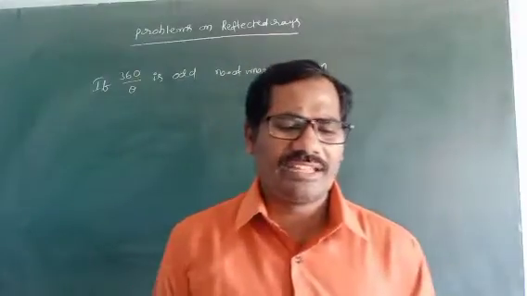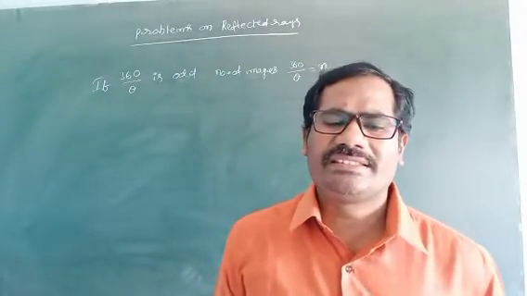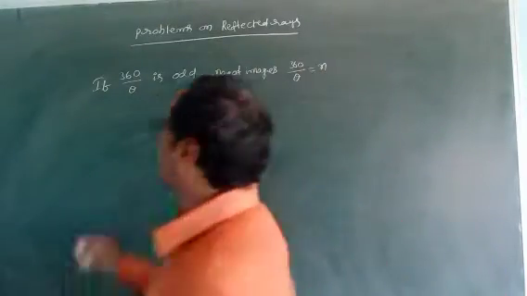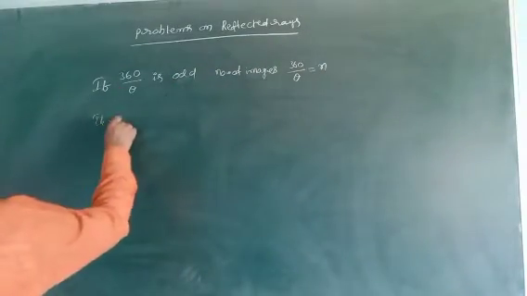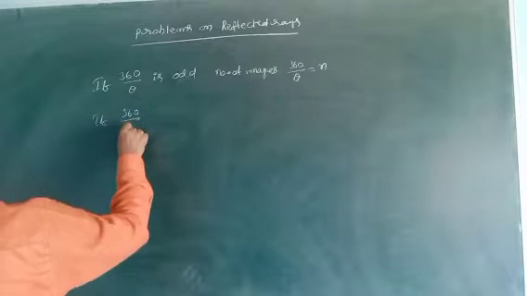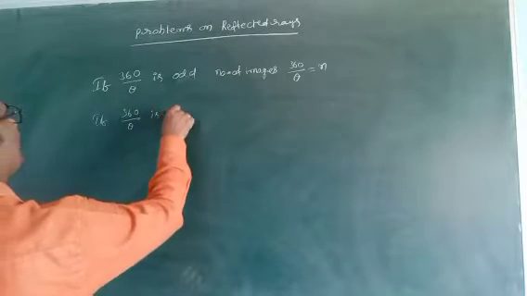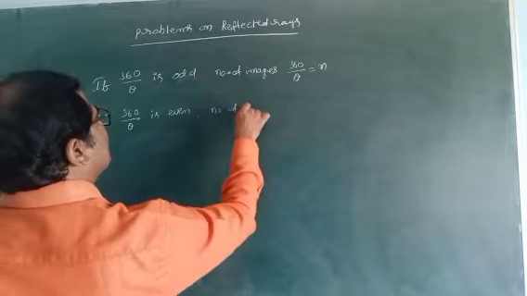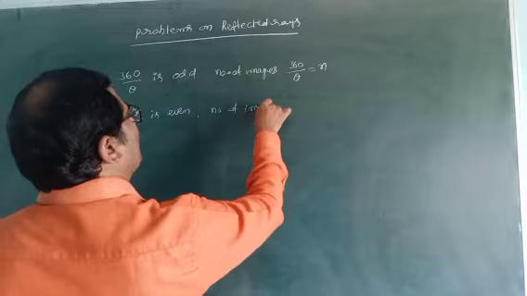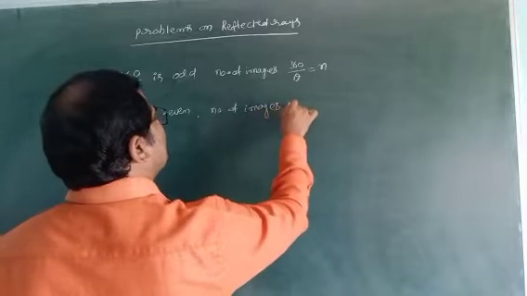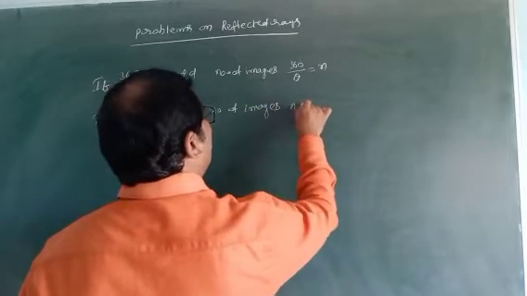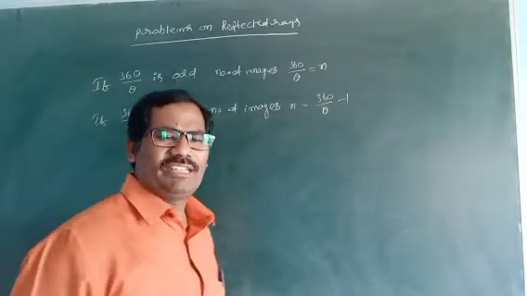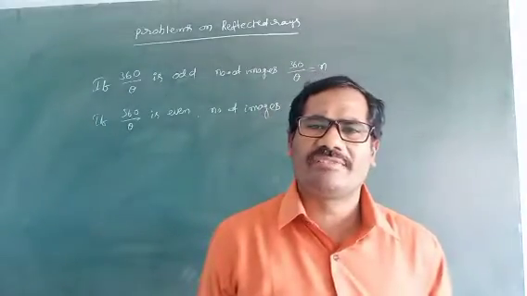In case 360 by theta is even, the number of images n is equal to 360 by theta minus 1.